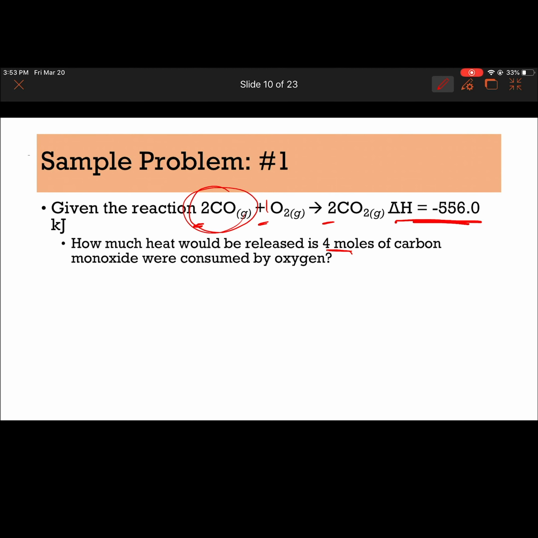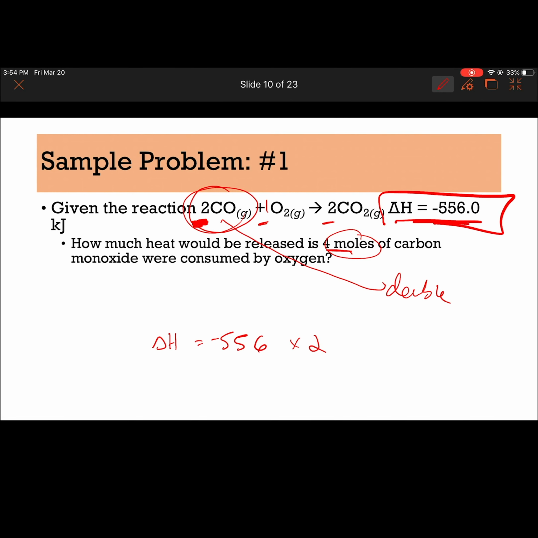So if we have 2 carbon dioxides and that whole reaction shoots out negative 556 kilojoules, if you double the amount of carbon dioxide, that means you're doubling the amount of heat that's released. So in order to get from 2 carbon dioxides to 4 carbon dioxides, you're doubling the amount of stuff. That means you have to take your delta H, which is 556, and double it.